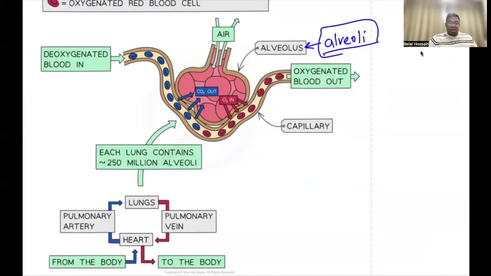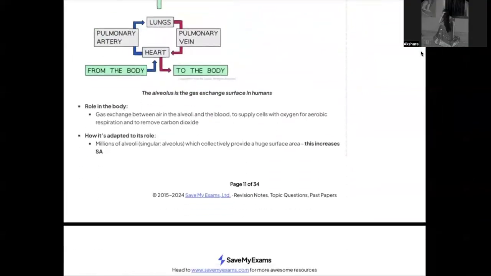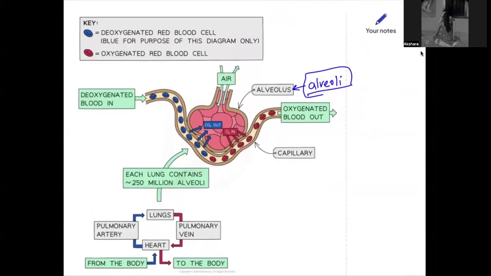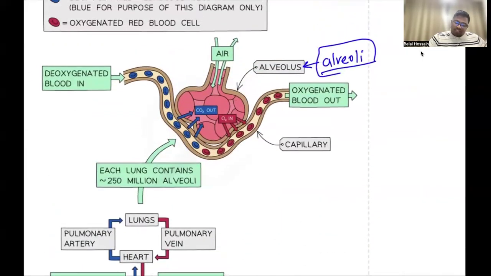You know how the plural for stoma is stomata. Stomata is actually a plural word. Got it? Okay. So let's see. Our lungs have a lot of these alveoli.